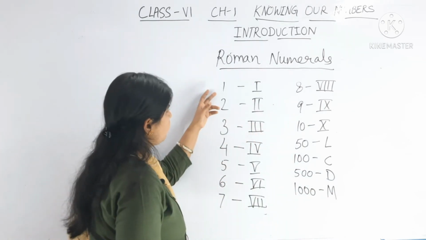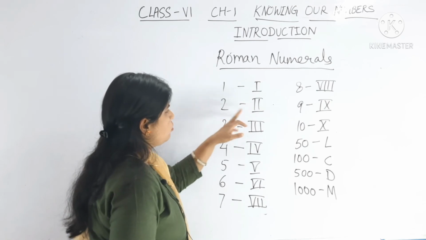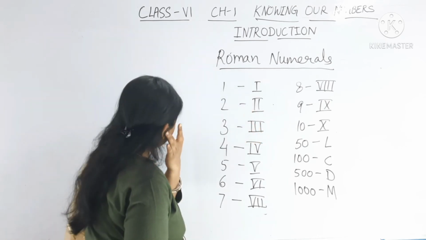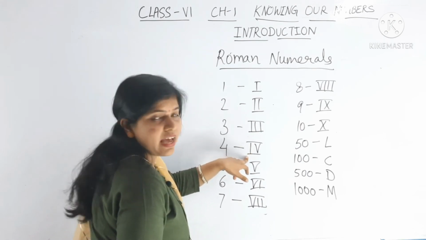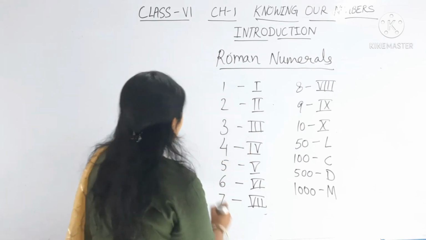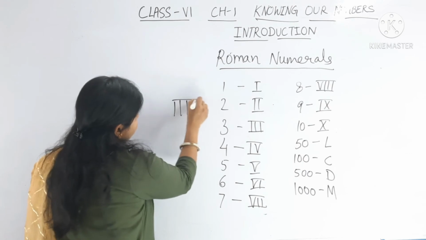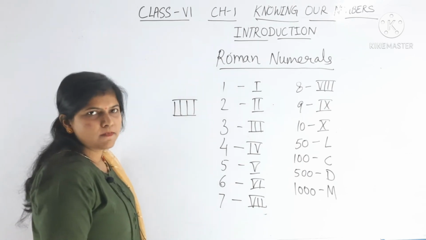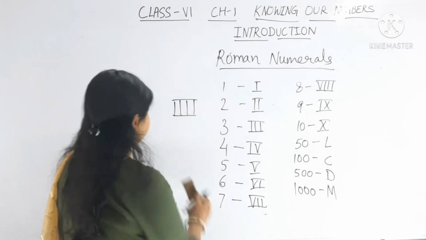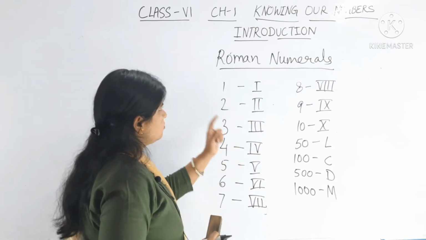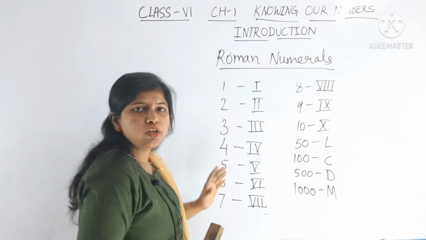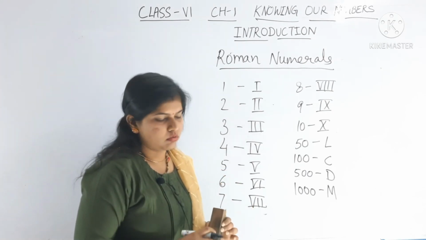Okay, for 1 it is I. For 2 you have 2 lines. For 3 you have 3 lines, and for 4 we don't have 4 lines. Why? Okay, this is the question. Why don't we have 4 lines? For writing Roman numerals we have rules.